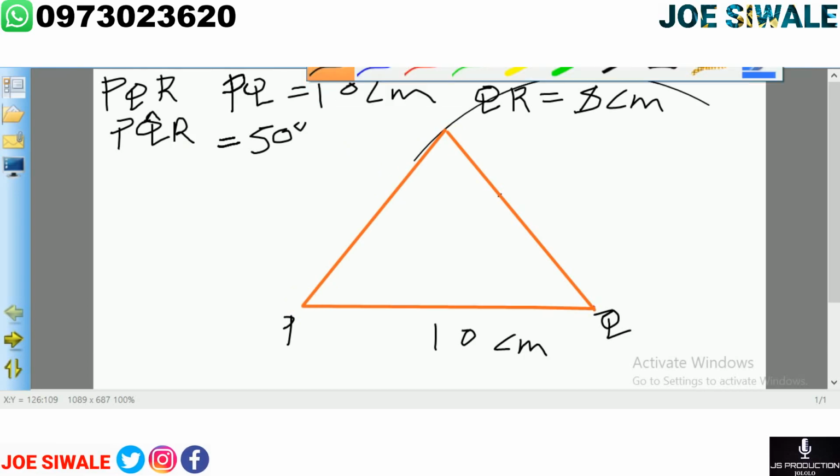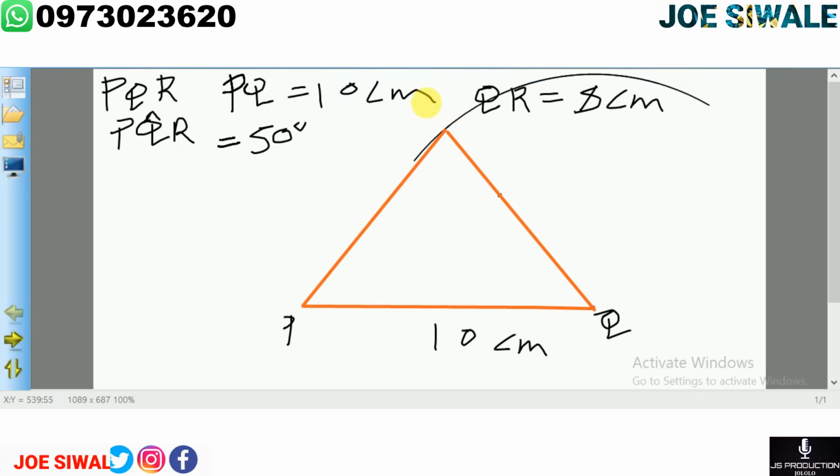So this means now I can identify this part as R. This is R, and I know that QR is 8 centimeters, so this is 8 centimeters. I also know that angle PQR is 50 degrees.